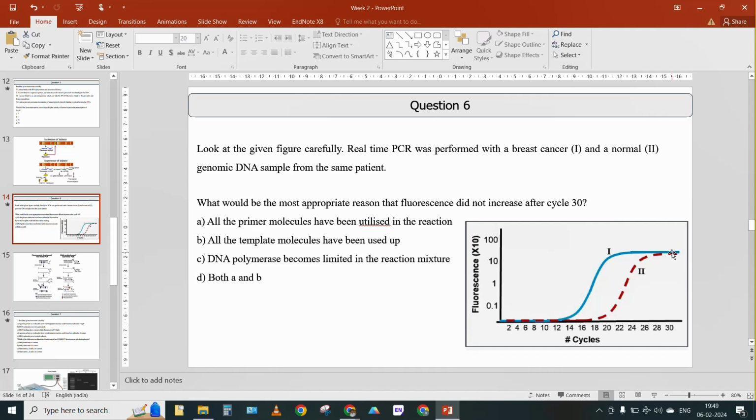So the possible reasons are that all the primer molecules have been utilized in the reaction, all the template molecules have been used up, or the DNA polymerase becomes limited in the reaction mixture. Anyone would like to answer? So both the statements A and B actually.